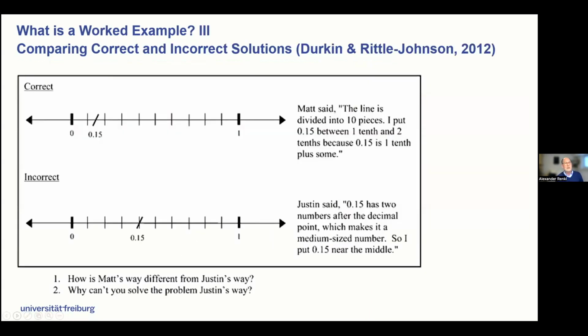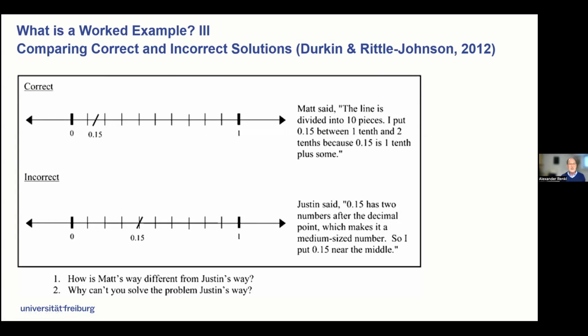Or this is about fostering number sense in younger students. This is also comparing correct and incorrect solutions in worked examples, which is a usual method. You see that they should make a mark where the 0.15 should be placed on this number line, and Matt makes the correct mark, but Justin makes an incorrect mark, and they also provide explanations.